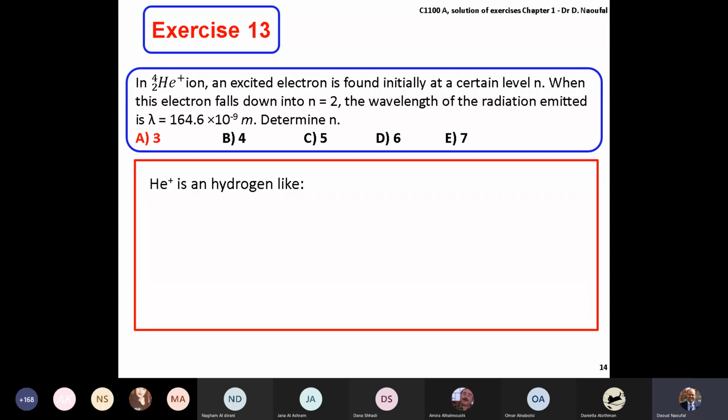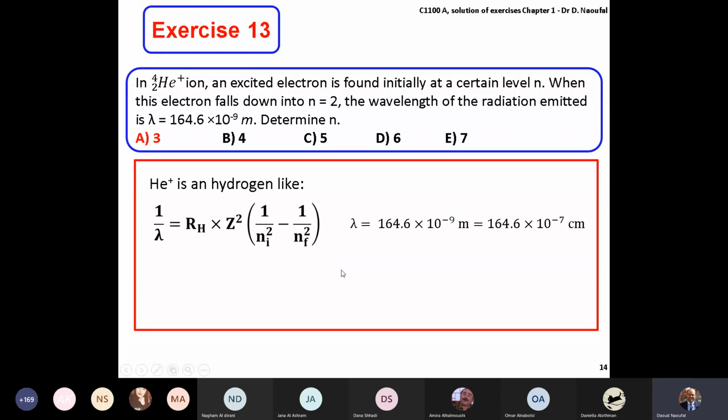We have another method, which is to apply the Balmer-Rydberg formula: 1 over lambda equal RH times Z squared for hydrogen-like, times 1 over n initial squared minus 1 over n final squared. And in this formula, ni is lower than nf. What is ni?